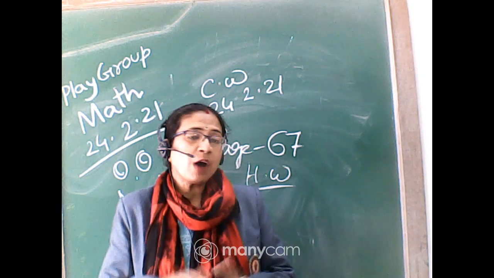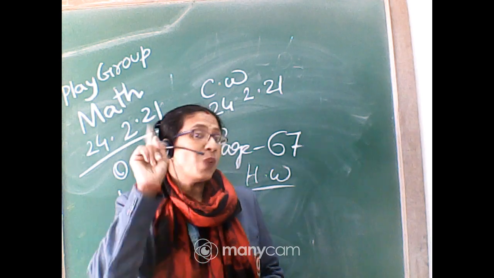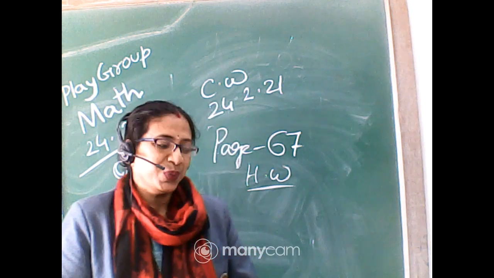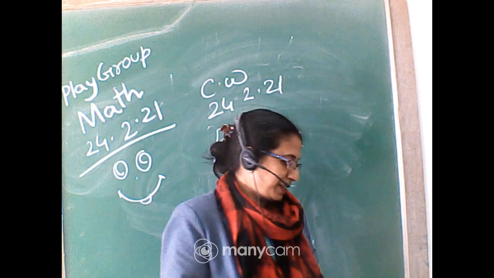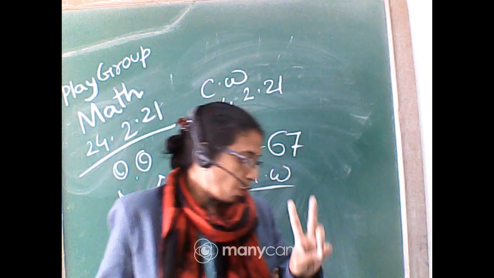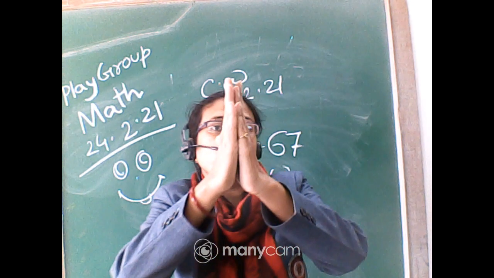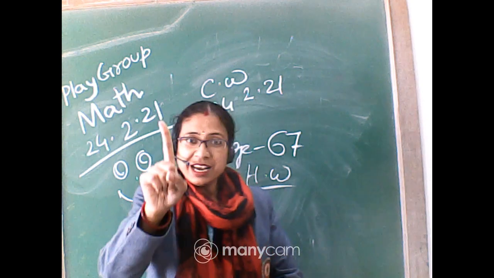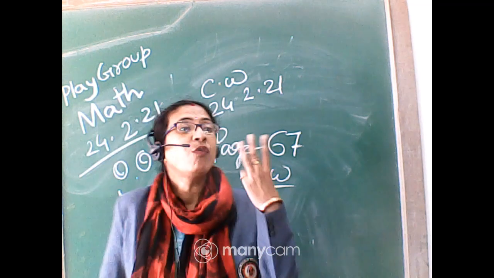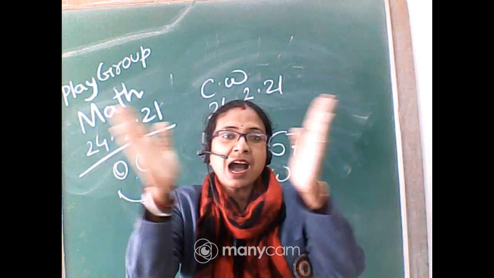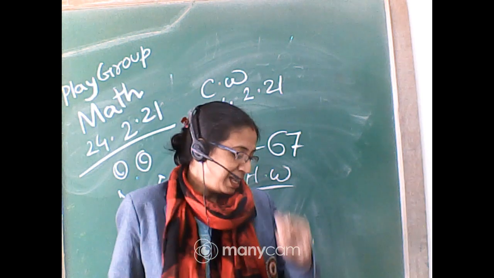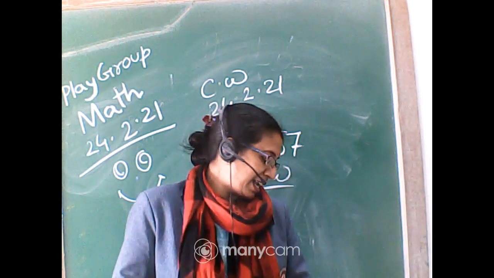Now, how do you do the rhymes? 1, 2. Buckle my shoes. 3, 4. Shut the door. 1, 2. Buckle my shoes. 3, 4. Shut the door. 5, 6.